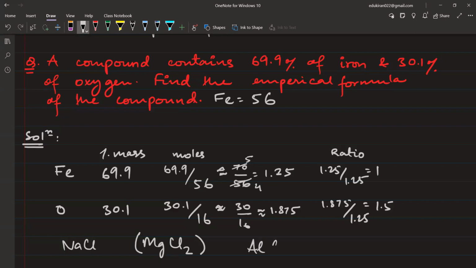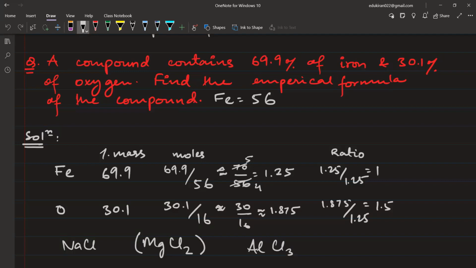For each mole of aluminium, how many moles of chlorine do I have in AlCl3? 3. So whenever we write a formula, you have to have this expression: for each mole of one element, how many moles of the other element do we have? In order to bring it to that ratio, I have to divide by the smallest number.